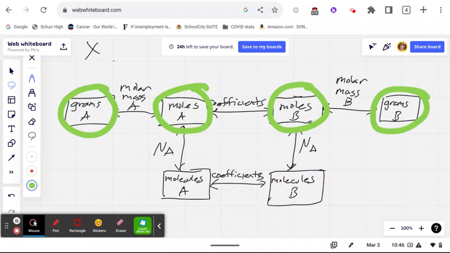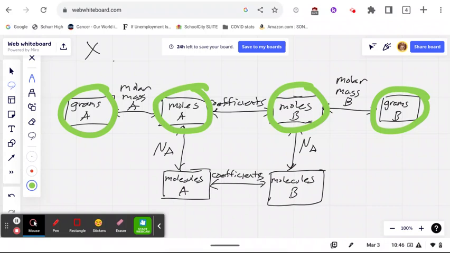Whenever the question asks how many moles of carbon dioxide or how many grams of sodium sulfate, that would be our substance B. Once again, both A and B could be either reactants or products. It really depends on how the question is framed.